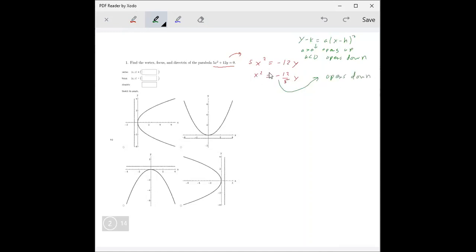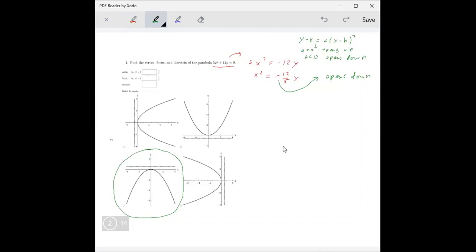Okay, so this red thing right there is not in the same form as this. But if we were to put it in that form by solving for y, then because that's negative, this negative would go over here, and this a would be negative. So it would open down. Okay, so it's got to be this one right here. It's got to be the parabola that opens down at that point.